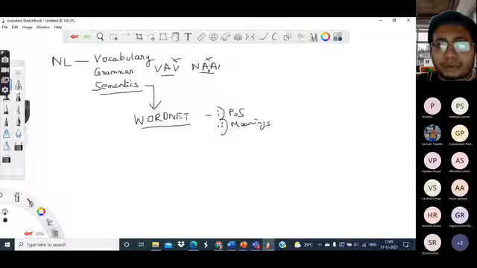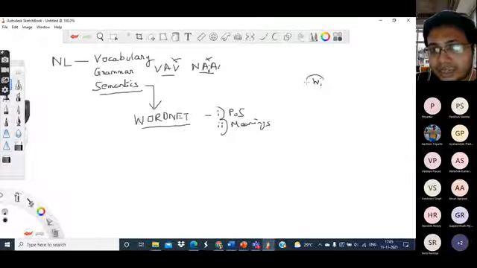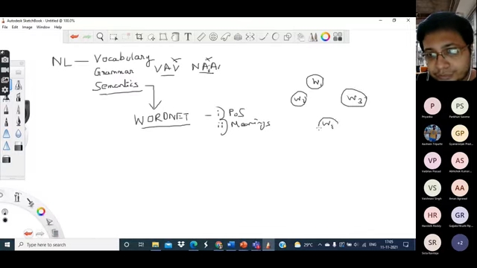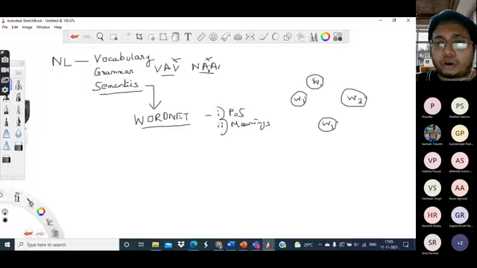Additionally, along with WordNet, we have the WordNet graph. It is a graph whose vertices are the different words in the English language, or in fact, that's not true. Basically the WordNet consists of synsets.